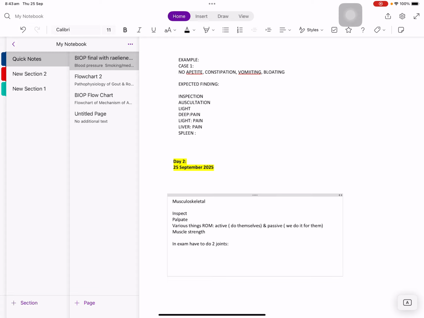So, tick, we need to do shoulder. Knee. That's basically almost everything already. TMJ.